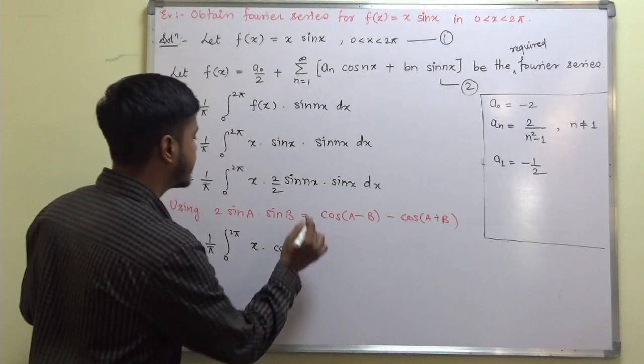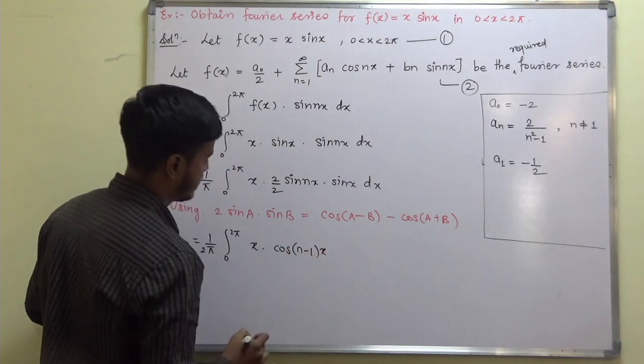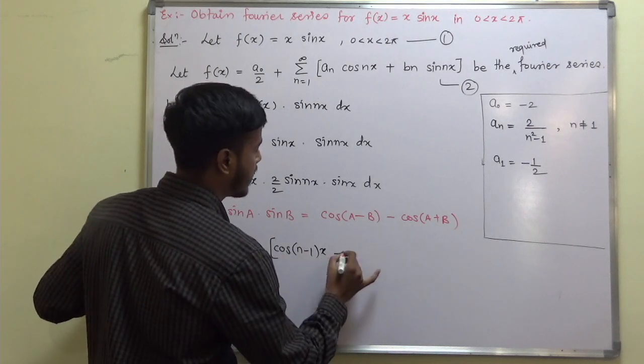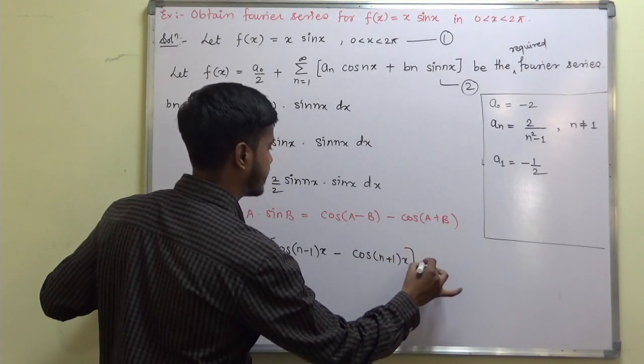So cos A minus B, so this is cos of n minus 1 x minus cos of n plus 1 x dx.